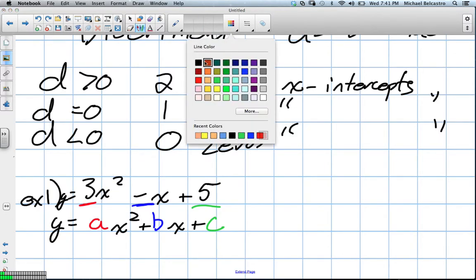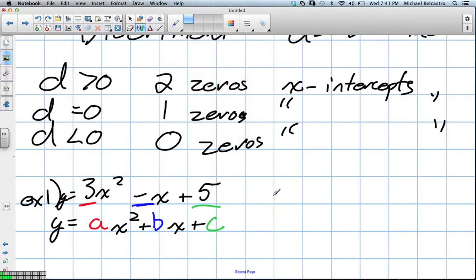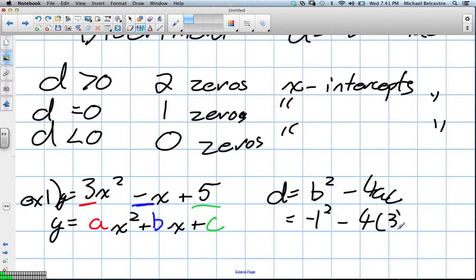So when we go to use the discriminant, D equals b squared minus 4ac, we plug these values in. Our b is -1 squared minus 4, a is 3, and c is positive 5. So 1 squared gives us 1. -4 times 3 gives us -12. Times 5 is -60. So our discriminant is -59.